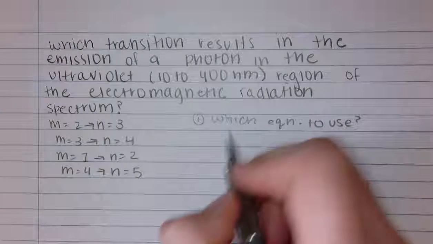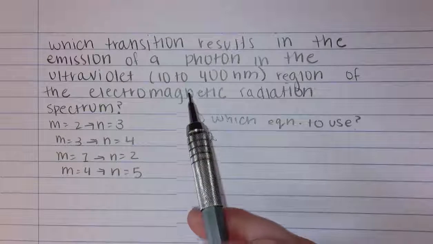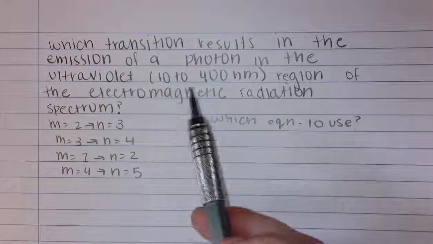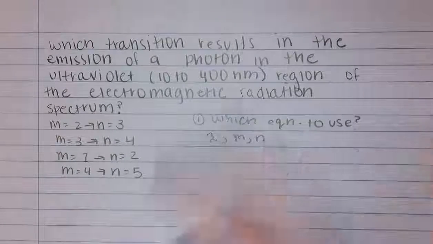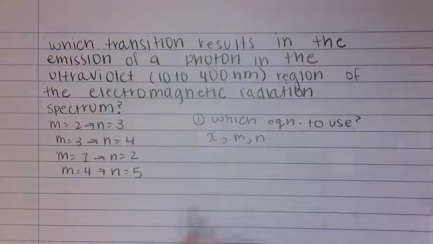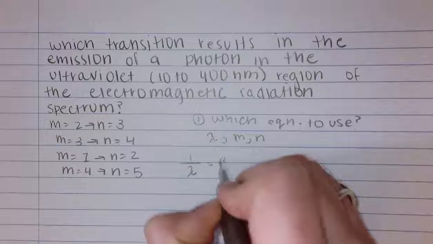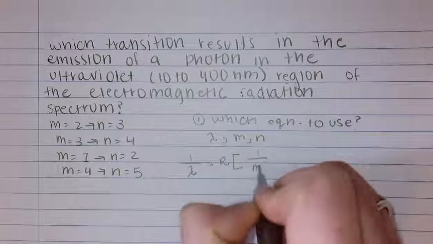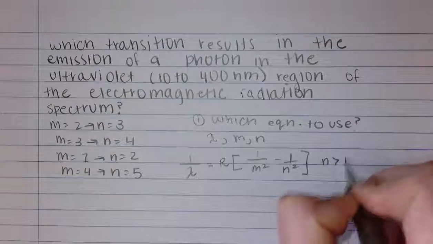So for example, we know we need to work with lambda because we're checking to see if the emission of a photon is in an ultraviolet region. We know we're working with m, we know we're working with n, our different energy levels. So then you can look at your packet of equations and go straight to the Balmer-Rydberg equation. And that equation is that 1 over lambda equals R times (1 over m squared minus 1 over n squared), where n is always greater than m.